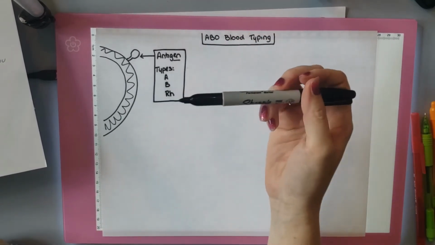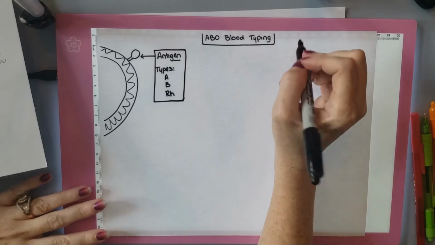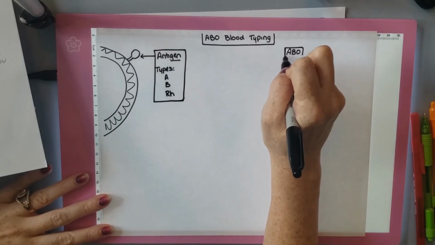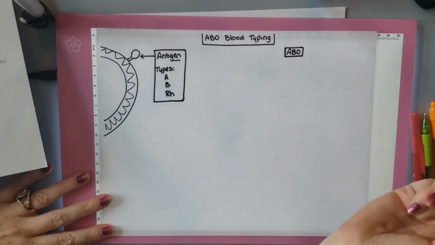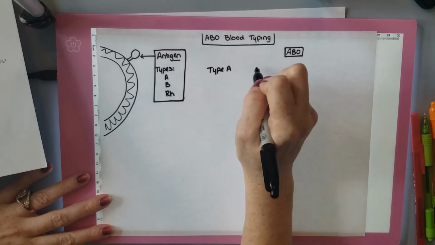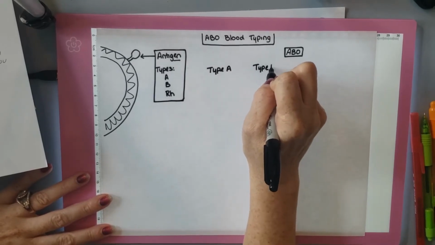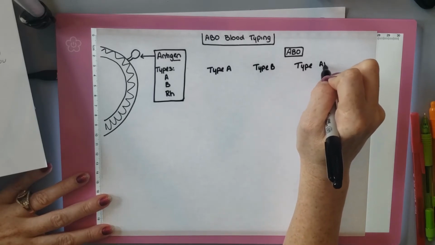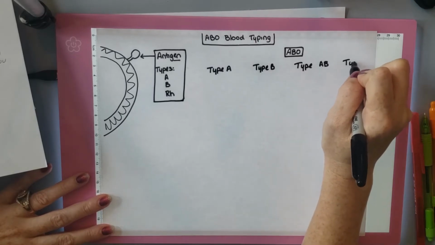So when we're talking about ABO, there are 4 different blood types. There's type A, there's type B, type AB, and then type O.